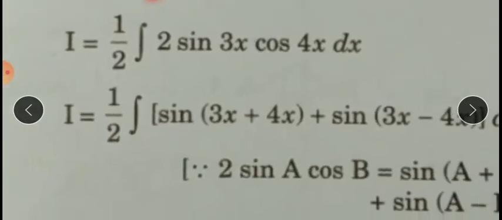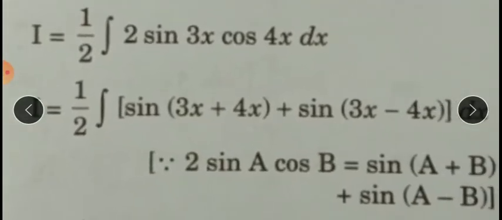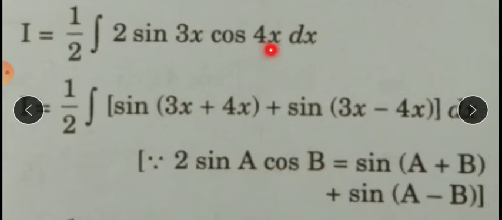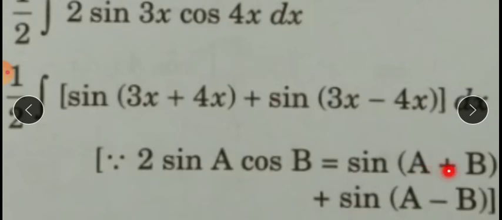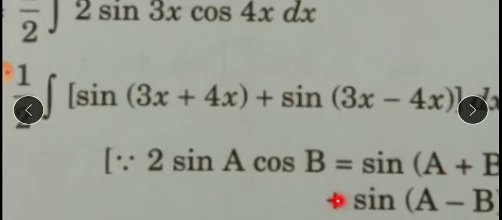See the next step: I is equal to 1 upon 2. Here you can see that 2 sin 3x cos 4x is in the form of 2 sin a cos b. The formula you know in trigonometry is 2 sin a cos b is equal to sin (a plus b) plus sin (a minus b).